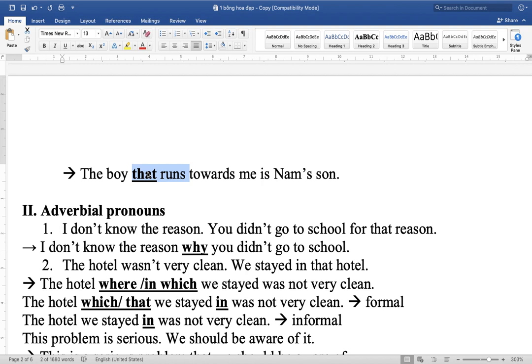Okay. So to sum up, we have to focus on who, which, and that. Okay, the three basic relative pronouns that you need to know.